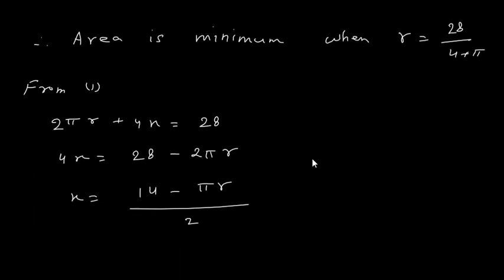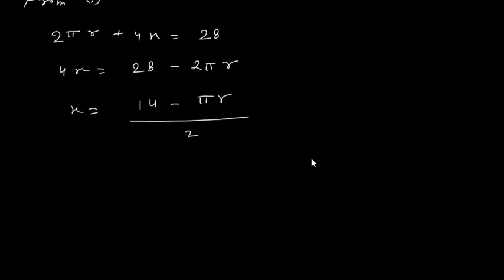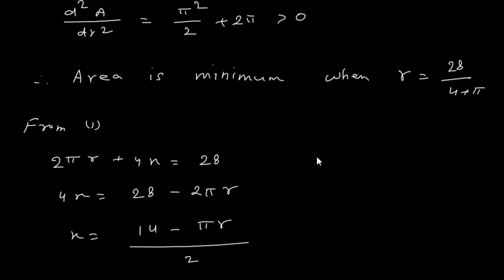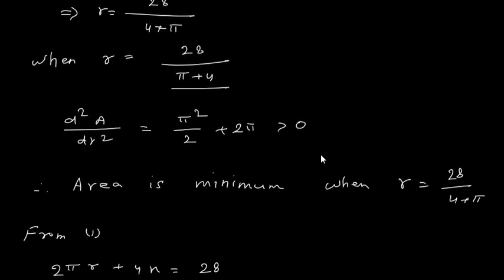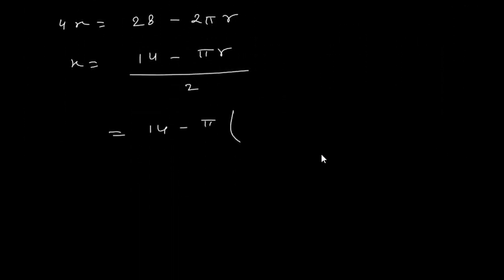Okay, fine. So this is the value of x, which is 14 minus pi r. Now in place of r, I can write, what is the value of r? I can replace 28 upon pi plus 4. So this is 28 upon pi plus 4. This is the value of r, 14 minus pi r whole divided by 2.